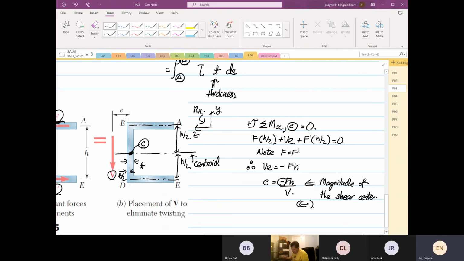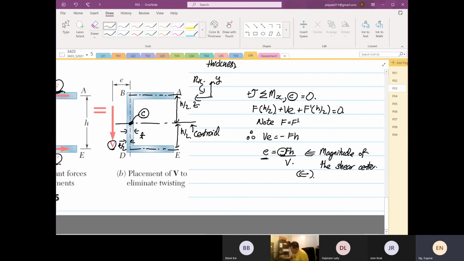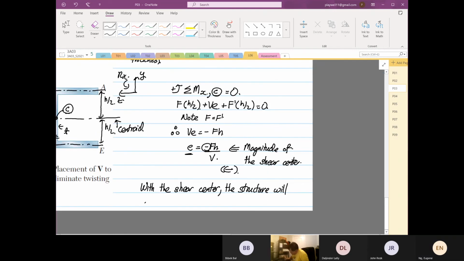Okay. So after here, after you know what is your E value, okay, with the shear center, the structure will deform without twist, and then shear stress is equal to VQ over IT is valid.